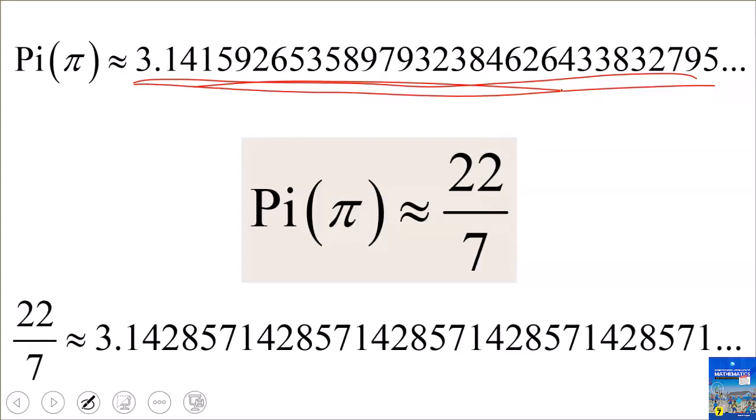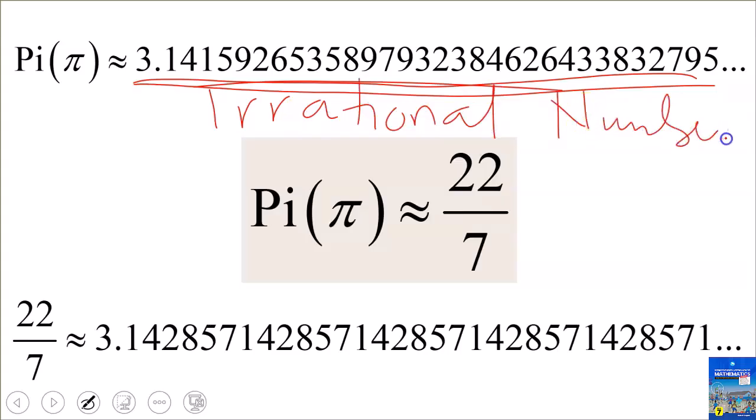And we know from our lesson that anytime we have a number that does not terminate in terms of decimals, that does not repeat also or recur, that number is called an irrational number. It doesn't make sense. If you want to mention this number, you mention it for the next 20 years, you'll not finish mentioning it. So we call it an irrational number. And so pi is an irrational number.